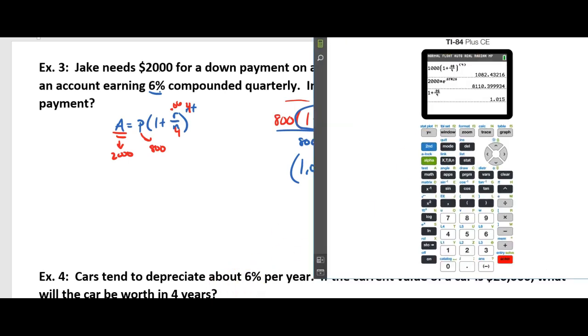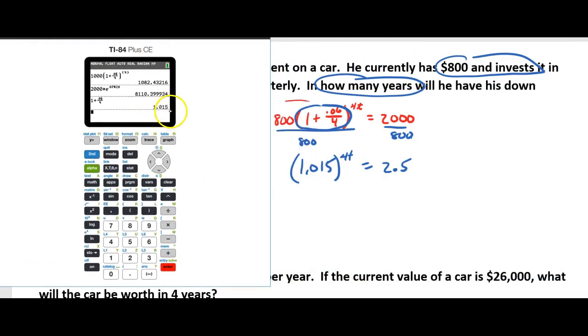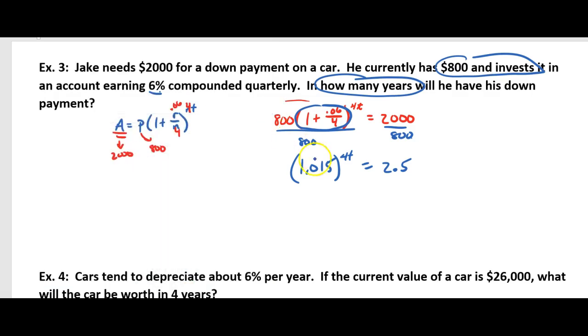A lot of times in the calculator, once I get that value of 1.015, if you hit the store button and then use X, anytime you hit X now, it will store that value and plug it in. You don't have to use that because it's a decent decimal.